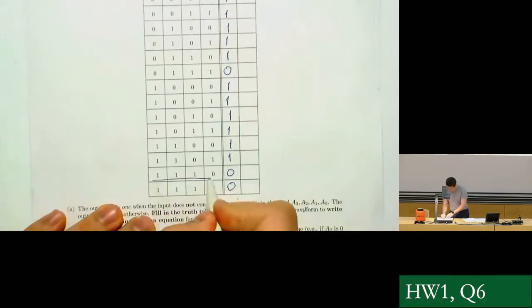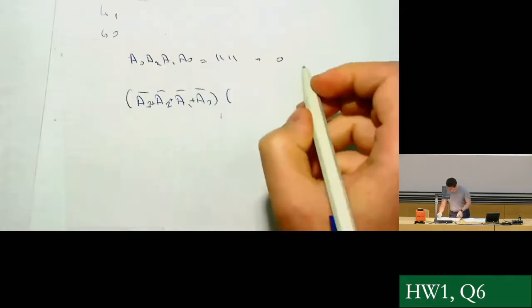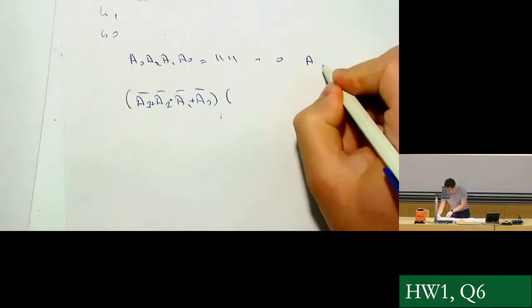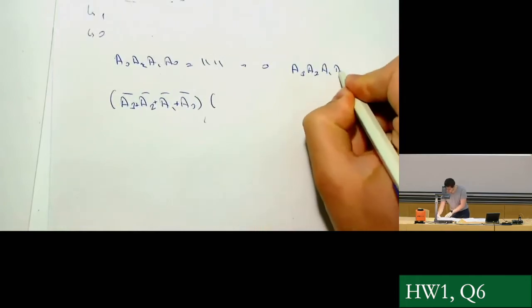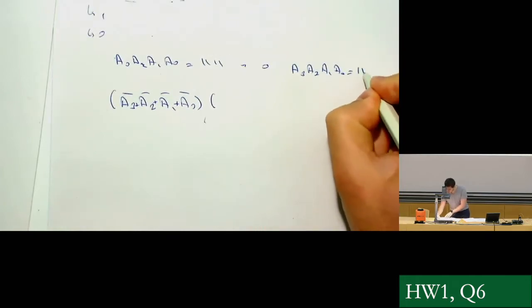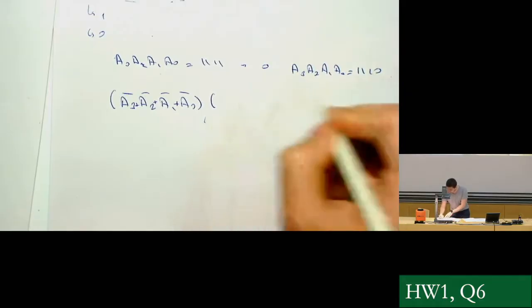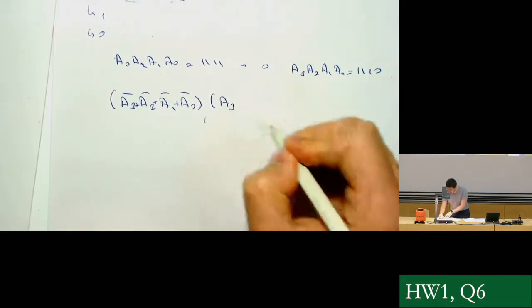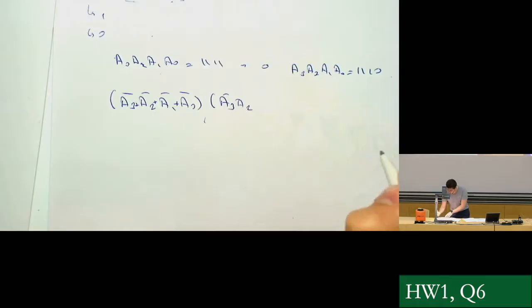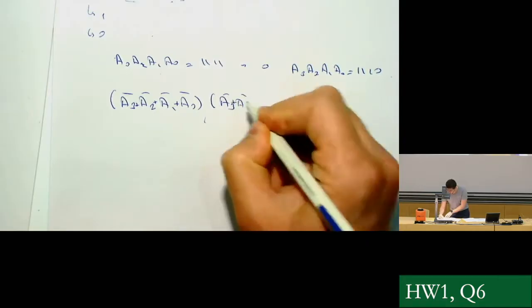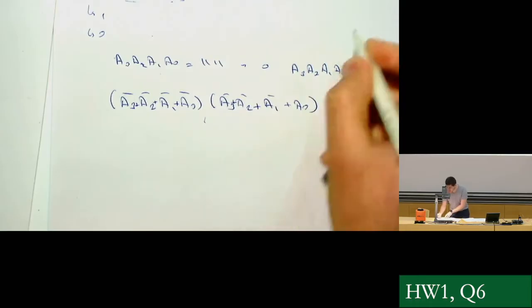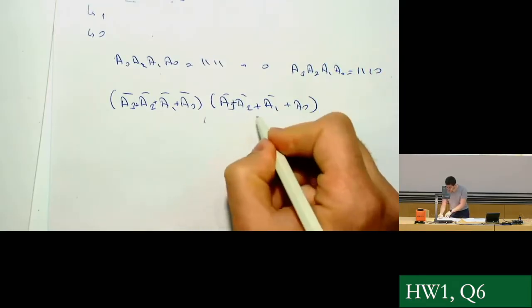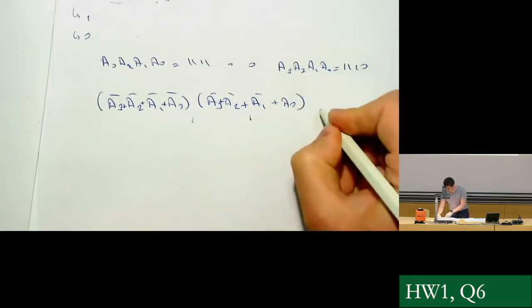Another term will be for A3, A2, A1, A0 equal to 1, 1, 1, 0. How can I write it as a term? It is A3 not OR A2 not OR A1 not OR A0. If you put 1, 1, 1, 0 here, then this will become 0.